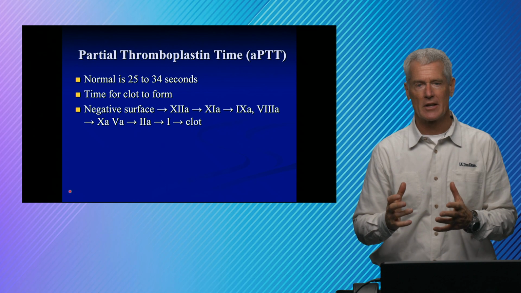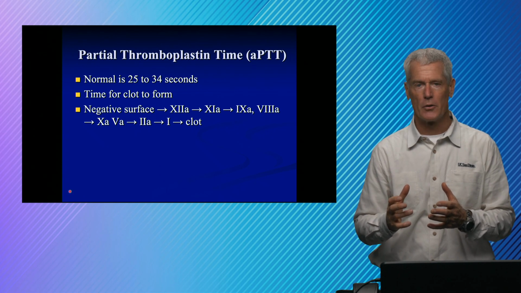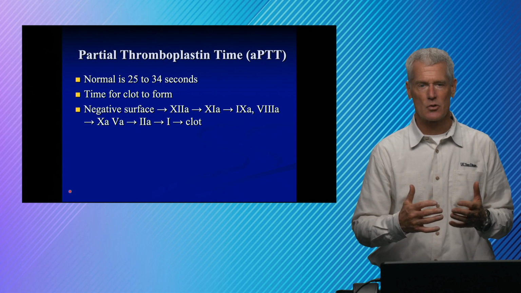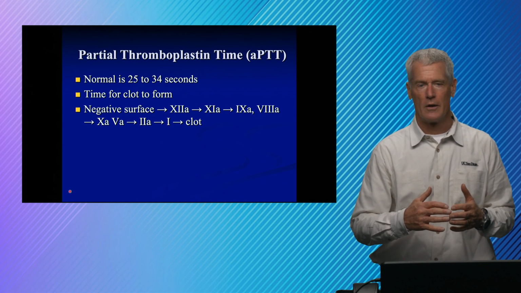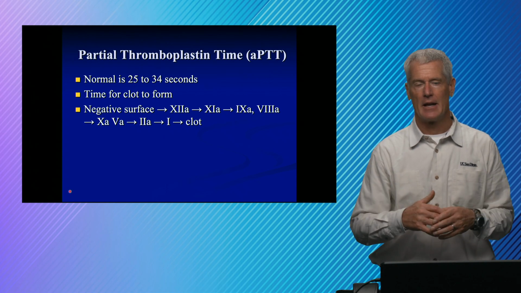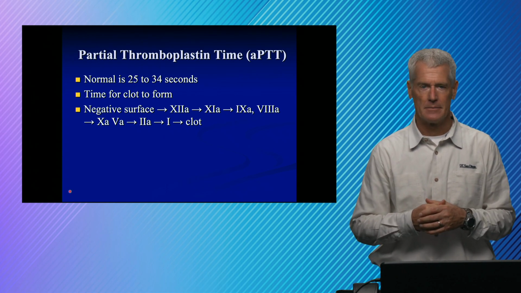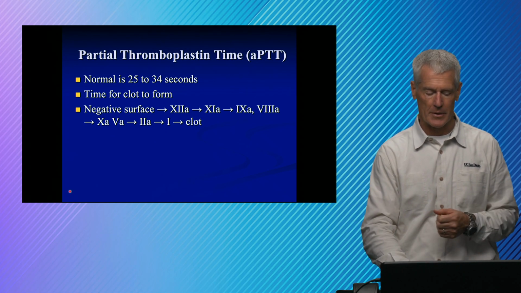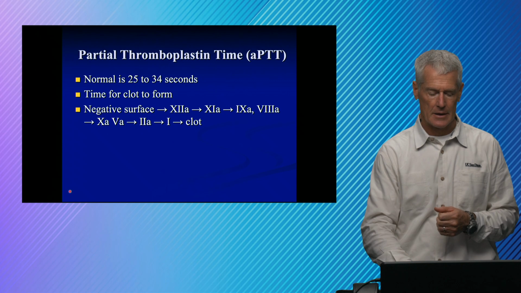So we basically expose plasma to a negative charge surface that activates 12, which goes through the 11, 8, 9 to activate 10. So 10A again activating prothrombin to thrombin, forming a clot.